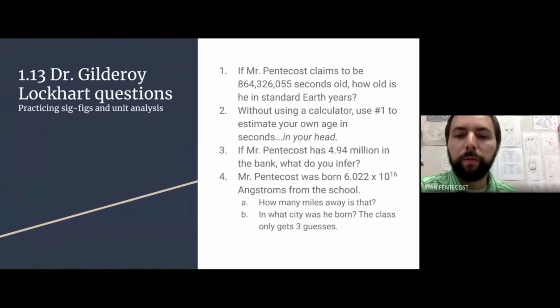But the reason that you should not infer that is because I didn't give you any units on that number. You don't know what I have in the bank. You don't know if that's 4.94 pennies, 4.94 nickels, who knows? So you can't really do anything with numbers if they have no units, right? If there's no unit, you don't know what they're talking about.